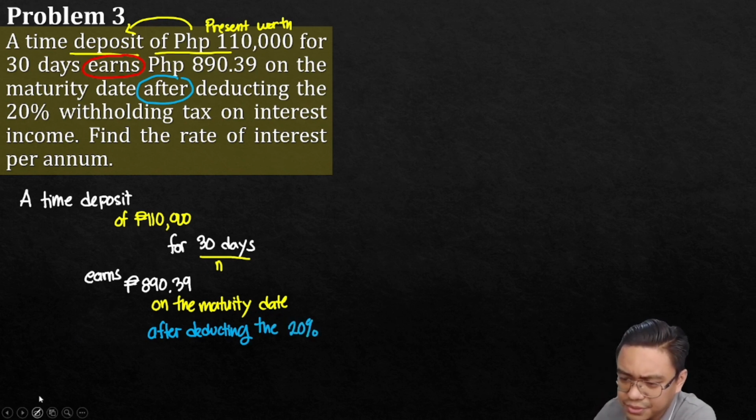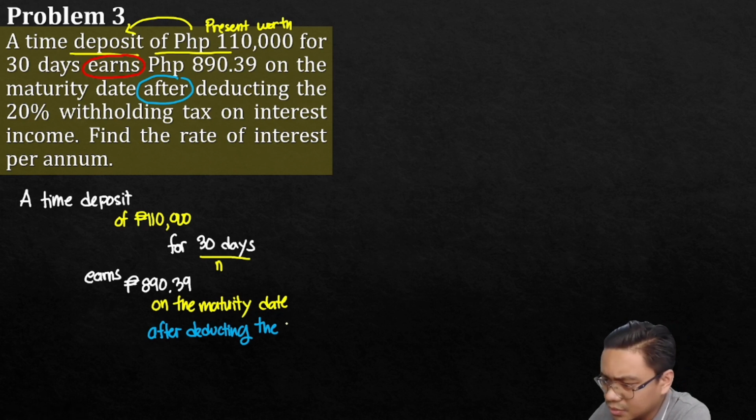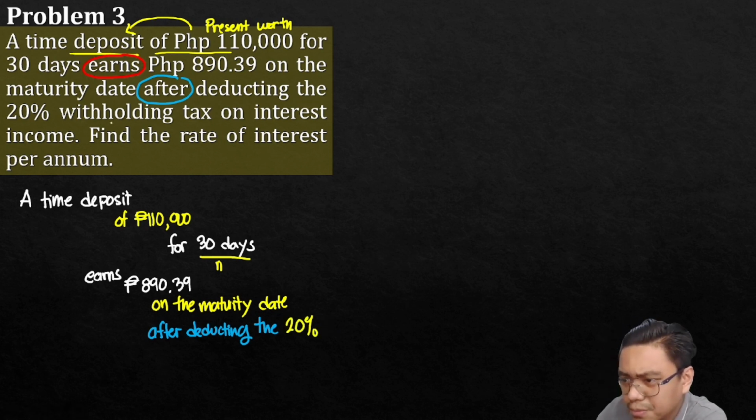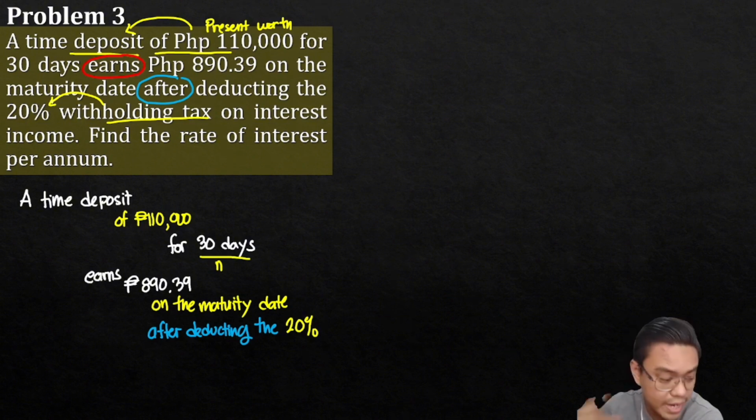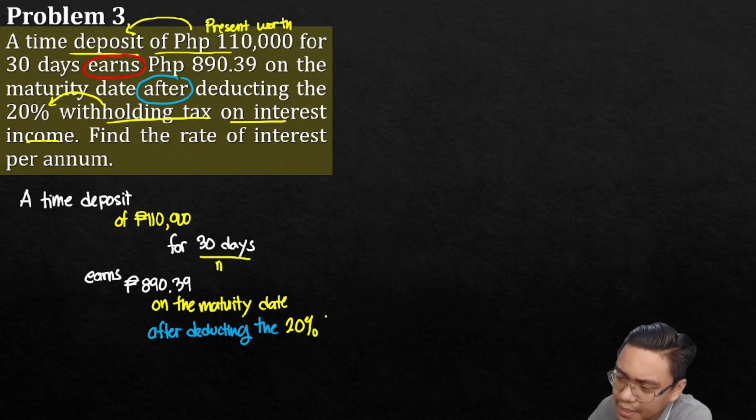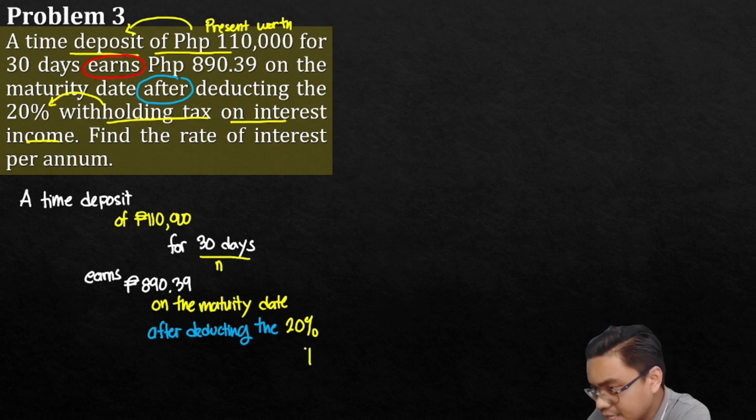After deducting the 20% withholding tax. So the 20% here represents the withholding tax. That's what we understand from that statement. On what? On the interest income. So, bale, nag-deduct tayo ng 20% on what? On the interest income. So, sa I natin.